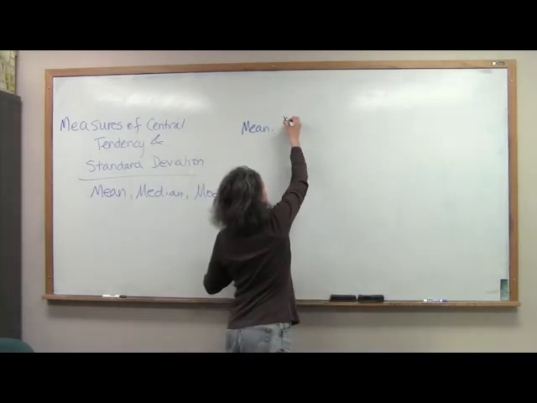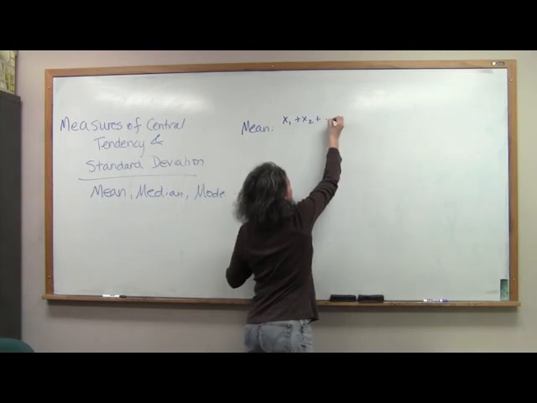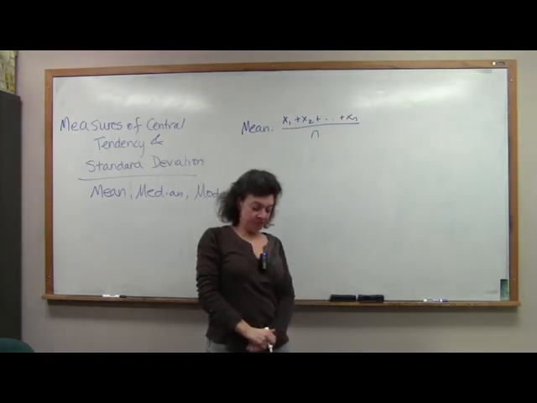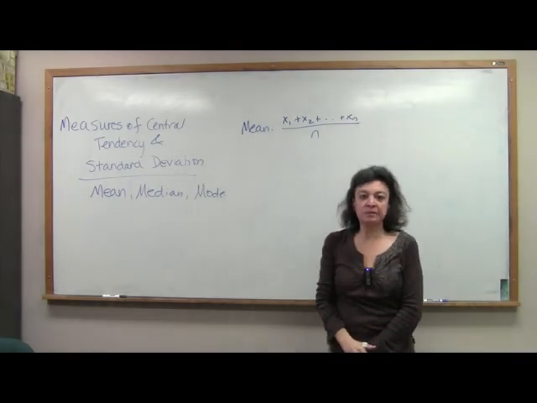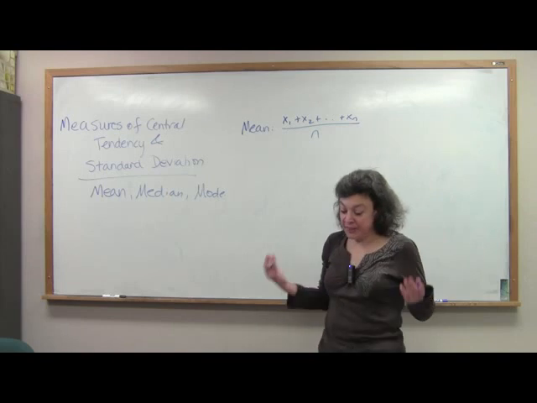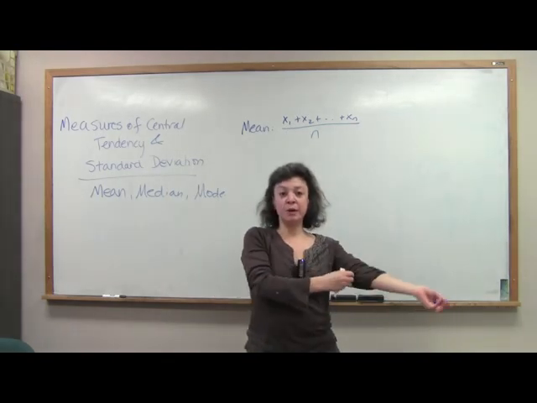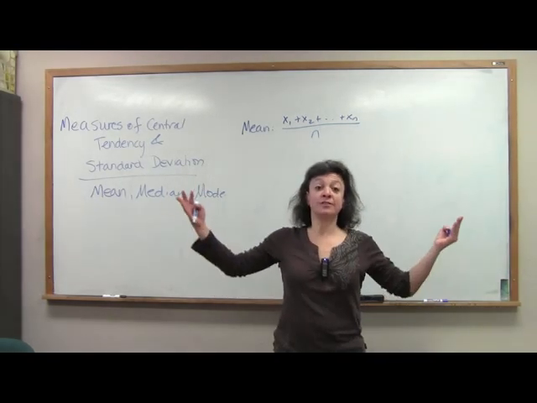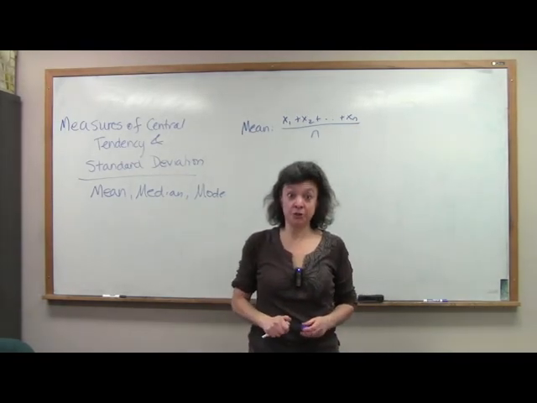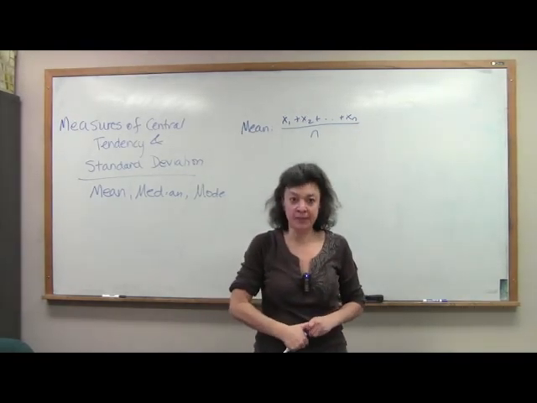And that's exactly what we do. We add up all of our data points and then divide by the number of data points. And that gives us what we call our mean. Okay? Now, this is a very good way to look at all of your data, but there are some drawbacks with looking at your mean as well, and we're going to talk about them.